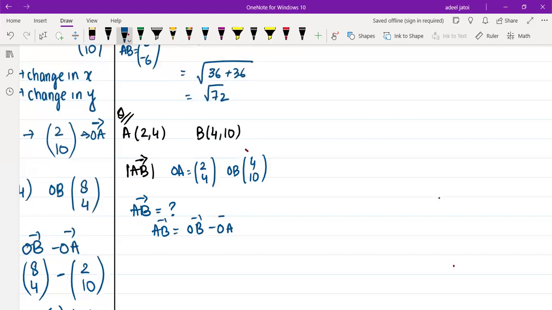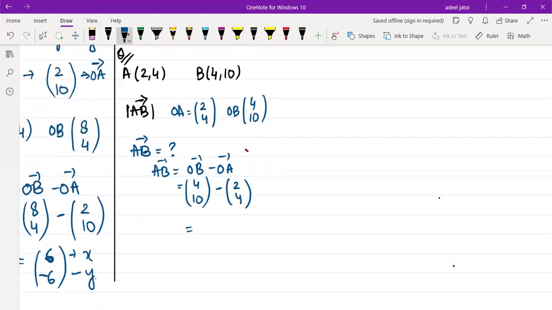So AB is basically OB minus OA, 4 and 10 minus 2 and 4. 4 minus 2 becomes 2, 10 minus 4 becomes what? 6.